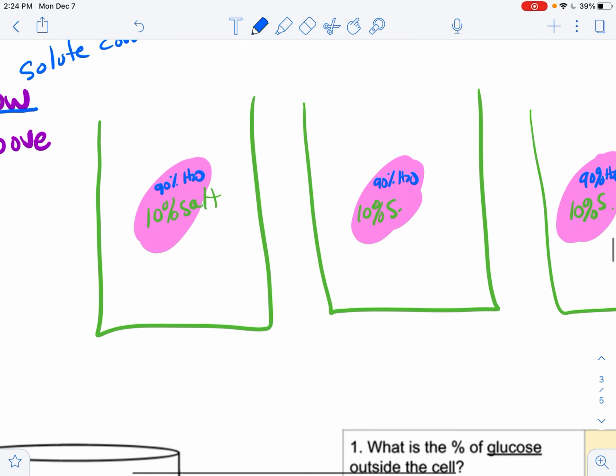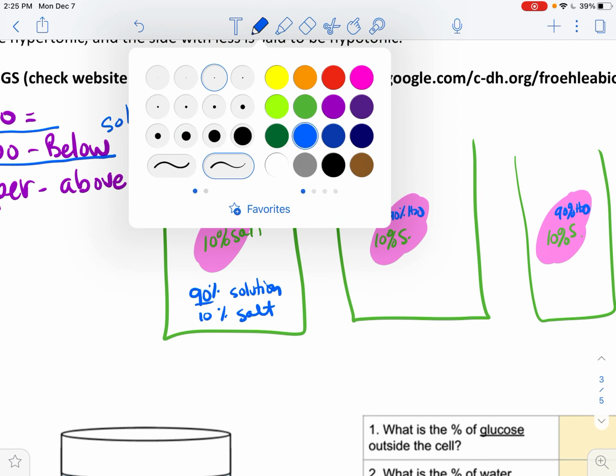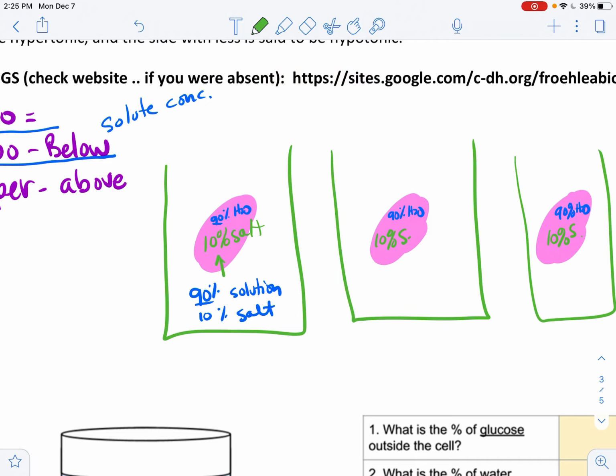So in this one, I have a 90% solution, 10% salt. Now remember, water moves, not salt. Well, wait, 90 and 90, what's going to happen? Well, it's going to move both directions. We call this one isotonic.